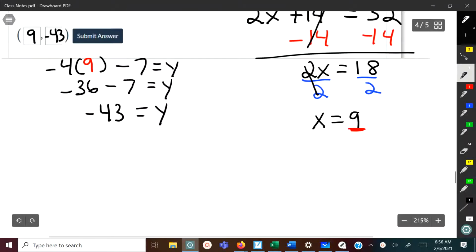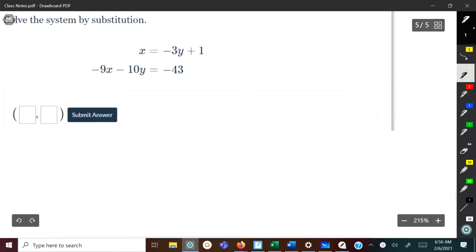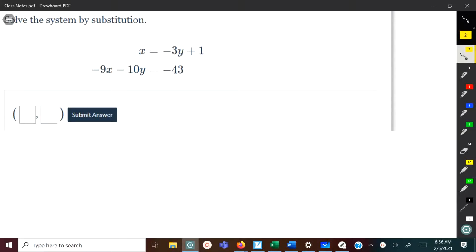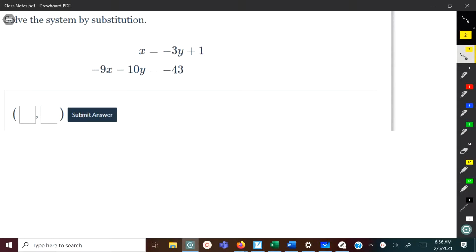Go ahead and take a look at this next problem and see if you can solve this one. Now this time, instead of plugging in for y, we're going to plug in for x, because x equals this. Alright, so let's take a look at this one.